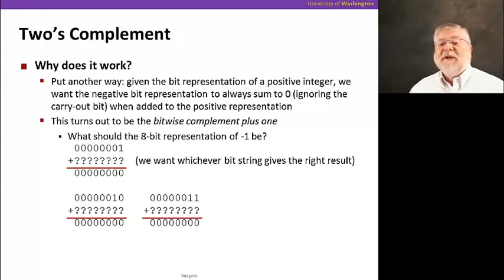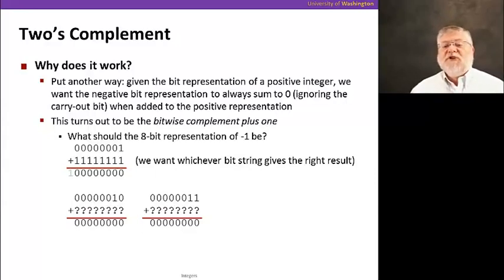So what we really want to be -1 is whatever bit pattern gives us that same result. And we know now that that in fact is the pattern all 1s, which when we add will cause a carry to ripple down this entire sequence of 1s to yield all zeros with a carry out of 1 that we'll be dropping and ignoring because we do modulo 256 arithmetic.